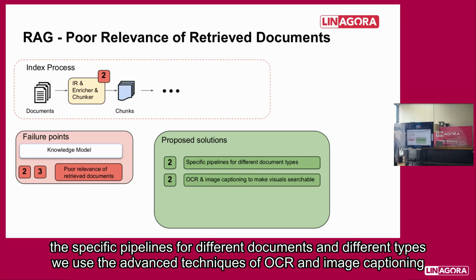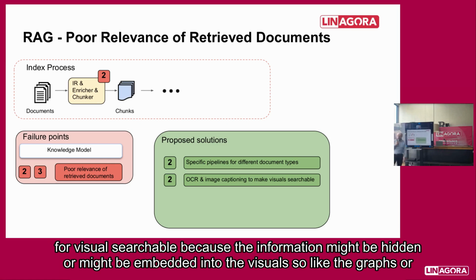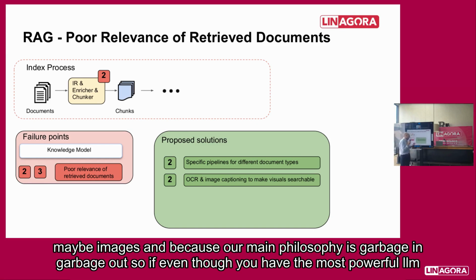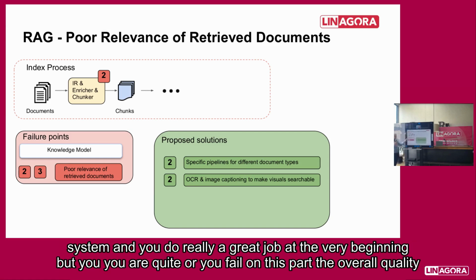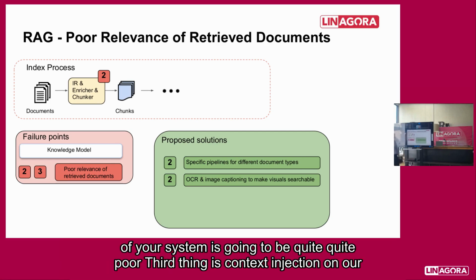We use advanced techniques of OCR and image captioning for visuals to be searchable, because the information might be hidden or embedded in the visuals, like graphs or images. Because our main philosophy is garbage in, garbage out. Even though you have the most powerful LLM system, if you fail on this part, the overall quality of your system is going to be quite poor.